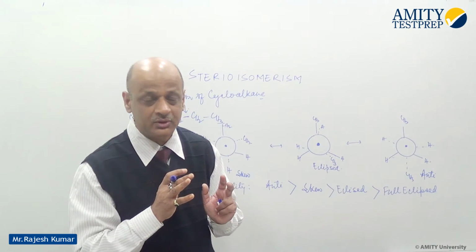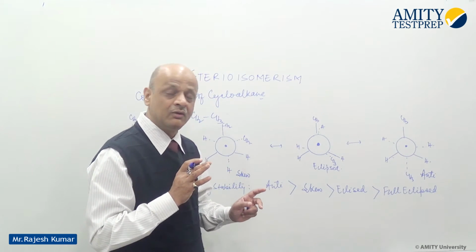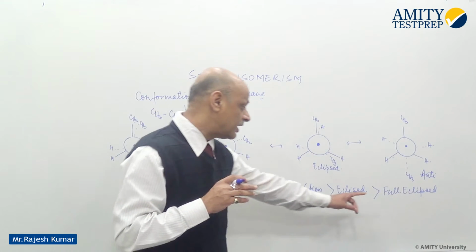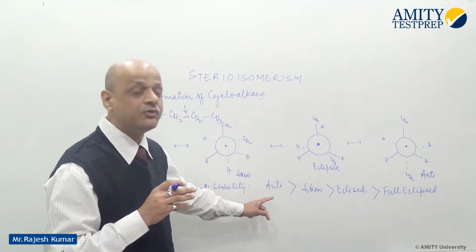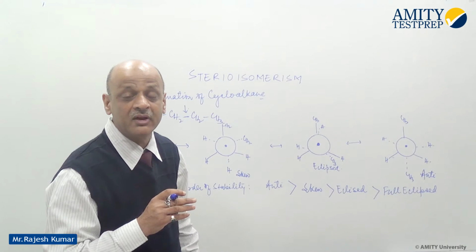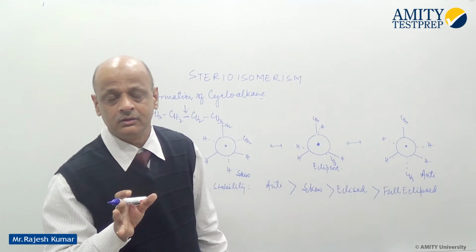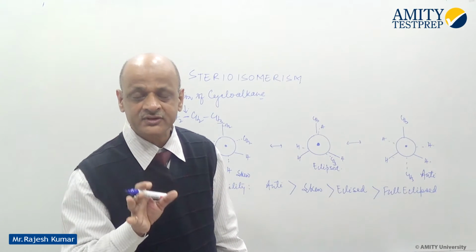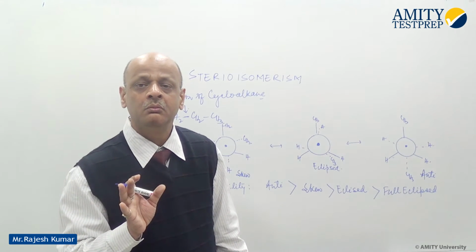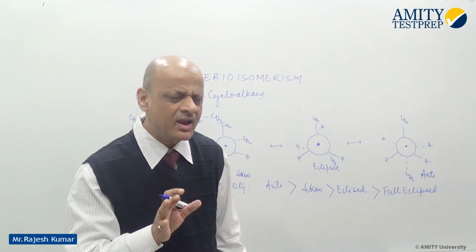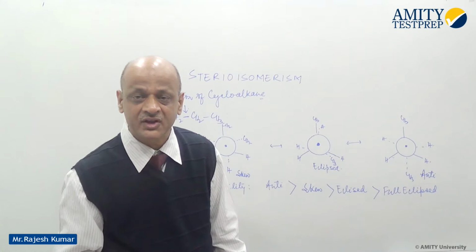So in the full eclipse there is maximum energy and least stability, while in the anti form there is minimum energy and maximum stability. In this way we can represent the conformational isomerism in butane or in any other molecule along a carbon-carbon single bond.